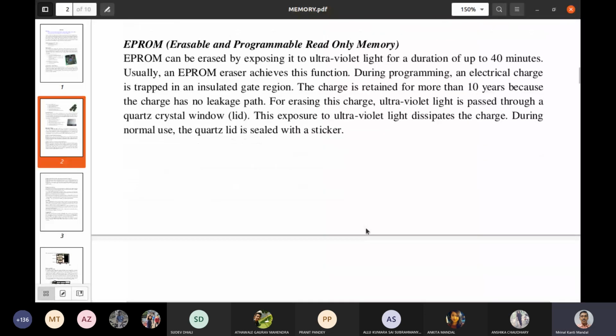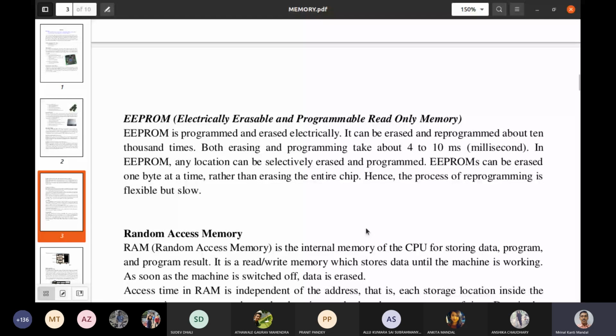And another variety, that is EEPROM, that is electrically erasable and programmable read-only memory. So in this case, you can program the memory as well as erase the memory as and when required.